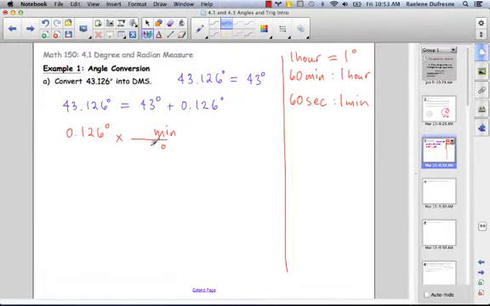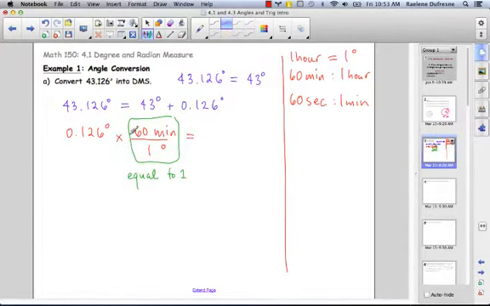And we ask the question, how many minutes belong to how many hours, or how many degrees? 60 minutes is equivalent to 1 hour or 1 degree. So this fraction in the green box is equal to 1. And so we can multiply by 1 and keep the value the same.